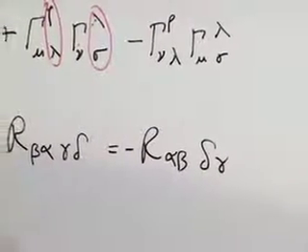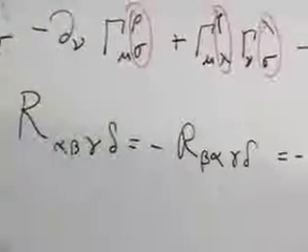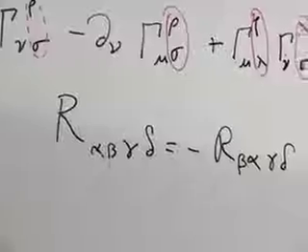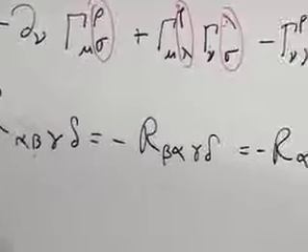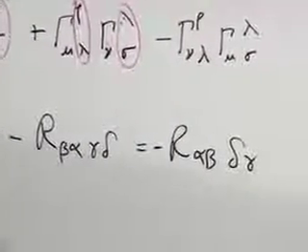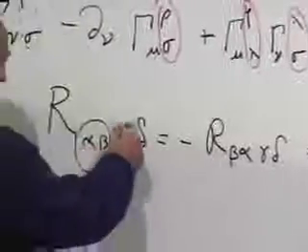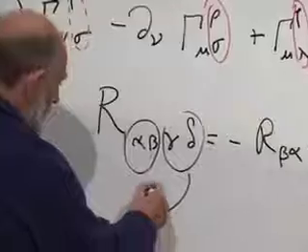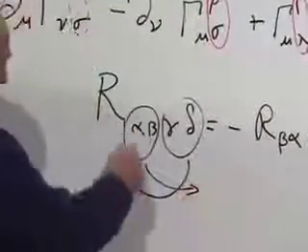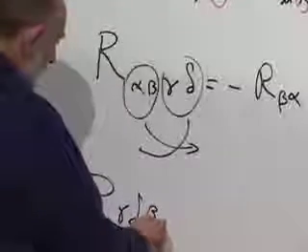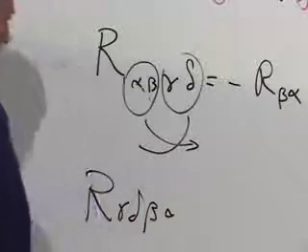Antisymmetric with respect to these two, and antisymmetric with respect to those two. The only other important thing is that it's symmetric with respect to interchanging these pairs of indices, so this is equal to R gamma delta alpha beta.